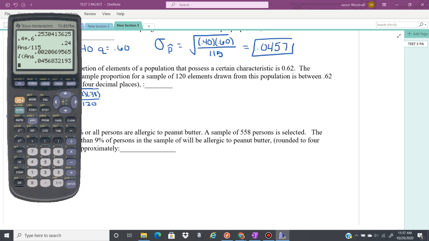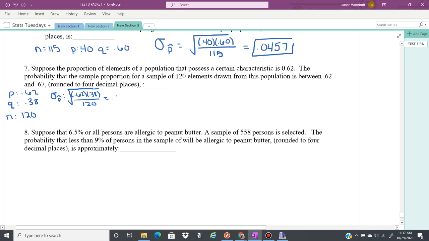So let's go ahead and do that. Square root of 0.62 times 0.38 divided by 120 gives us 0.0443. Okay, so that's my standard deviation.